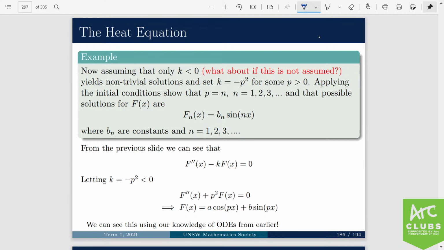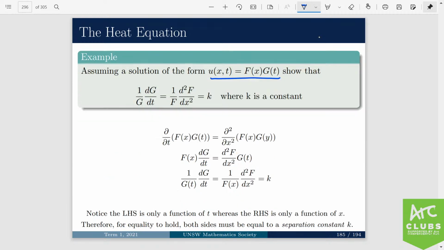From the previous slide, we can see this. Well, why can we see this? If we look at this whole equation there, if we multiply the f of x over, we've got d squared f on dx squared is equal to k f of x.